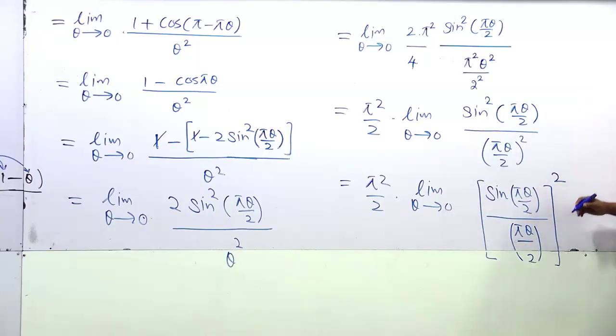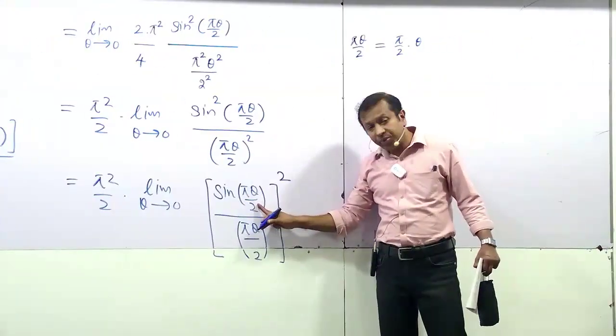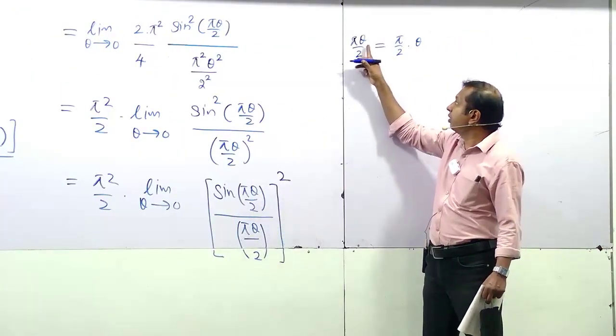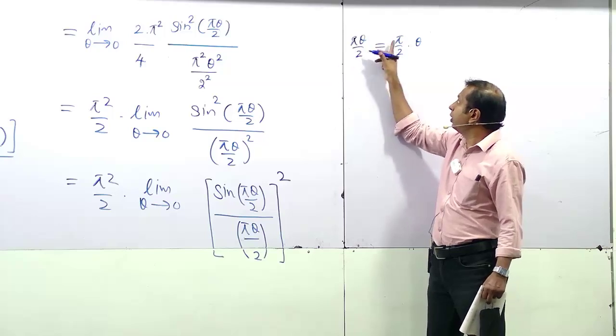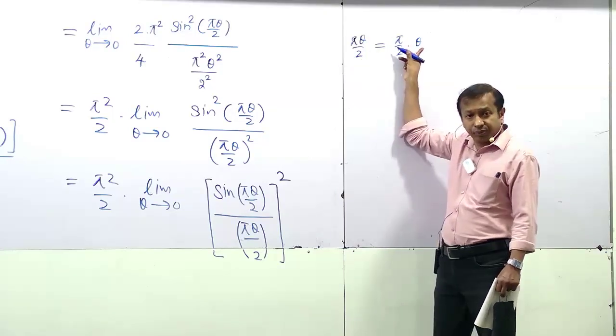So what does this pi theta by 2 mean here? Pi theta by 2 is really pi divided by 2 multiplied by theta, no?